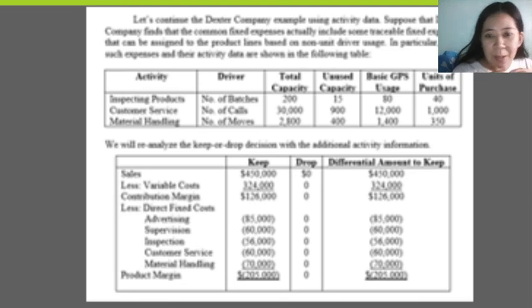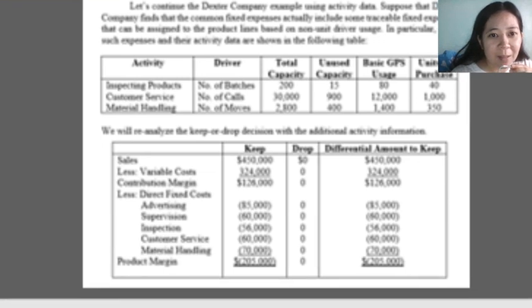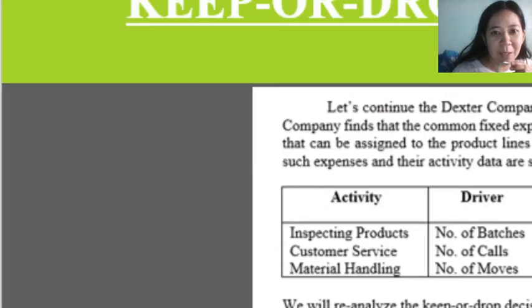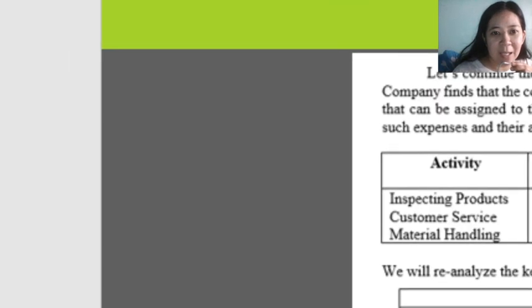Here the analysis actually changes. Let us just adjust this one, because we cannot see it clearly.